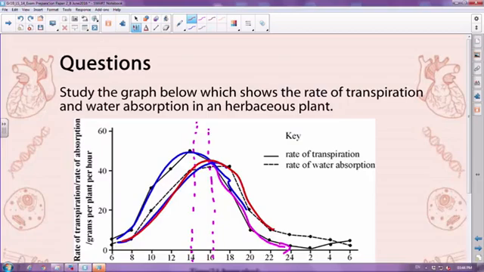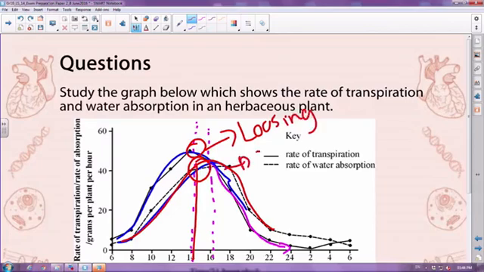Have a look here at 2 o'clock. What do we notice? The plant is losing more water than it is absorbing.